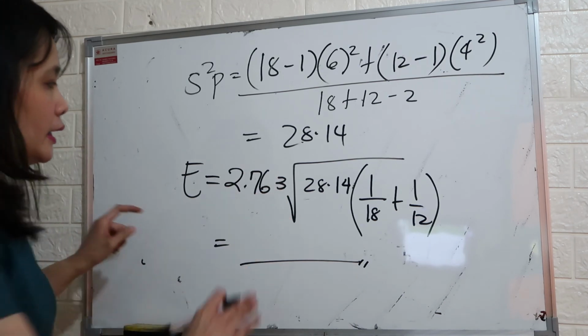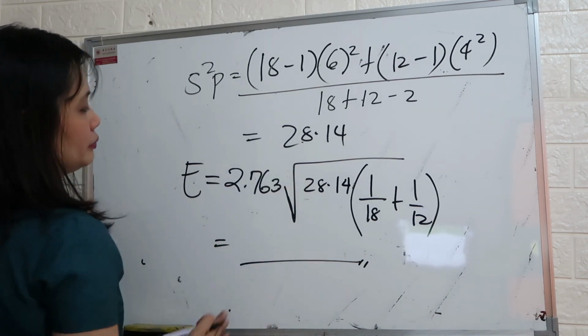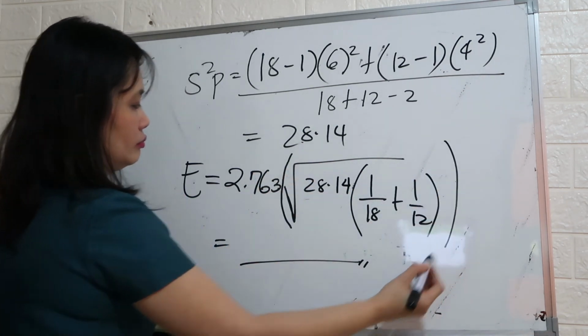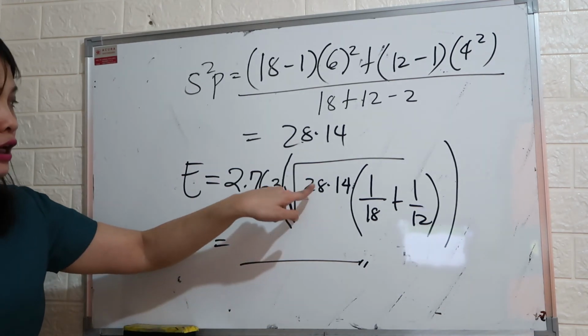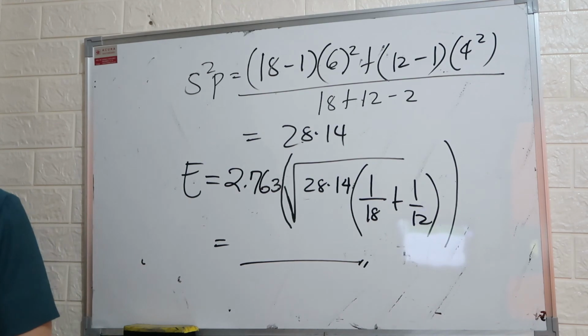2.763 multiplied by the square root of 28.14 multiplied by 1 over 18 plus 1 over 12. So what will be your margin of error?